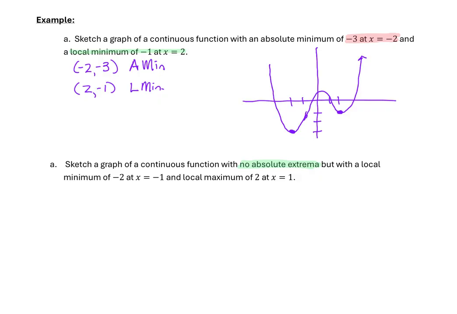But we do have a local minimum of -2 at x equals -1. So we are going to have a point of -1, -2. And we are also told that we have a local maximum at, I'm sorry, 1, 2.